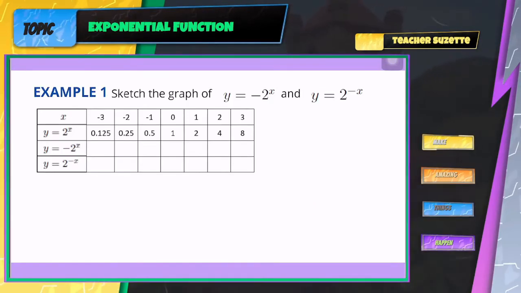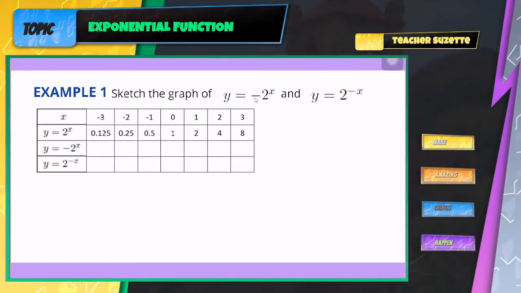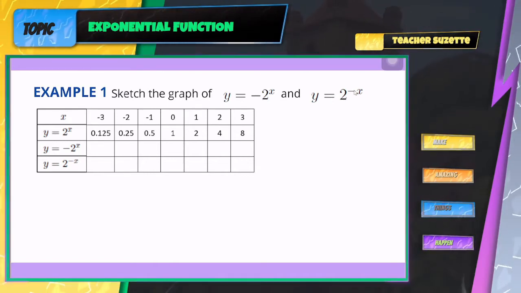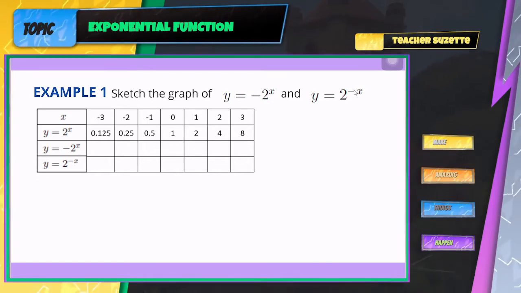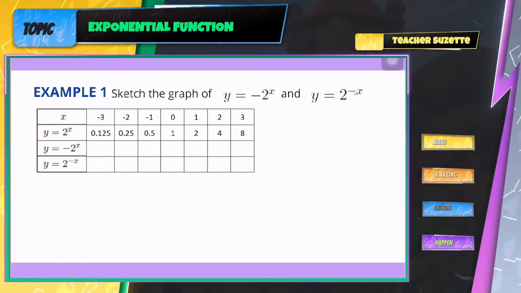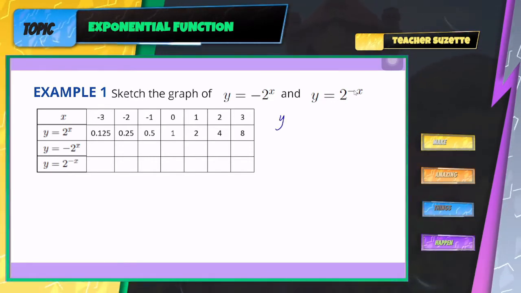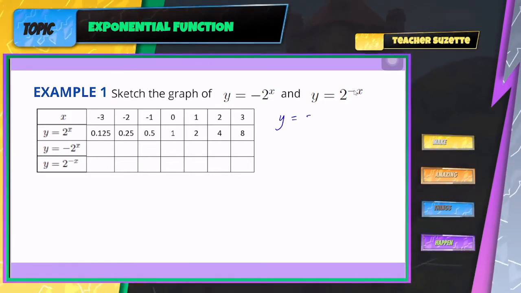To start, let's have our example number 1. Let's sketch the graph of y is equal to negative 2 raised to x and y is equal to 2 raised to negative x. So, kung i-compare natin to sa ating previous discussion or previous video regarding the graph of exponential function, we tried to graph na last time yung exponential function y is equal to 2 raised to x.